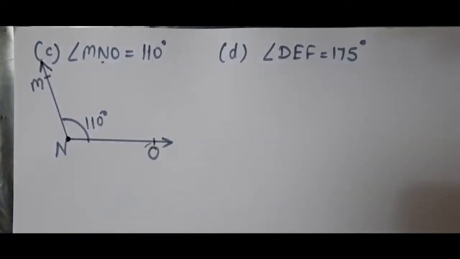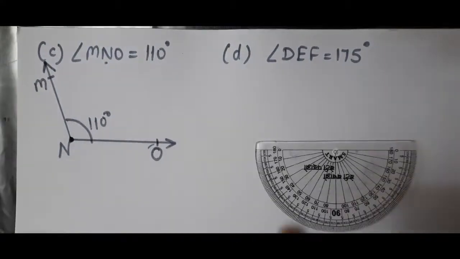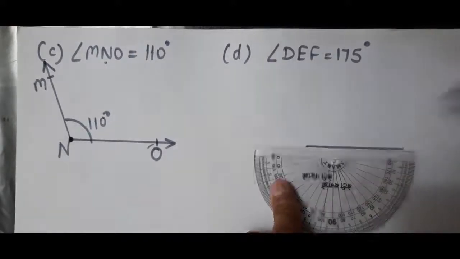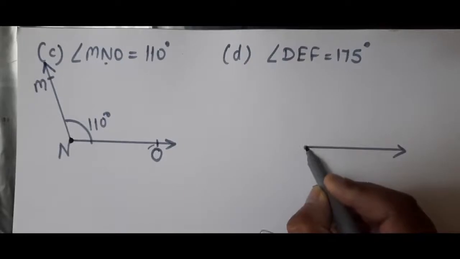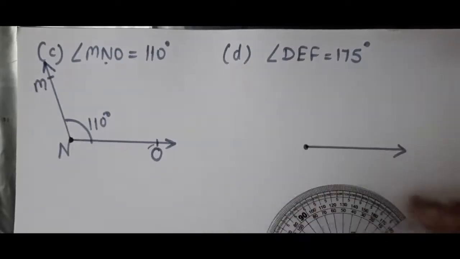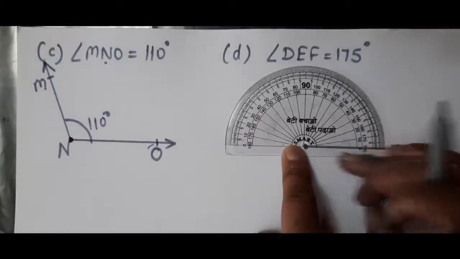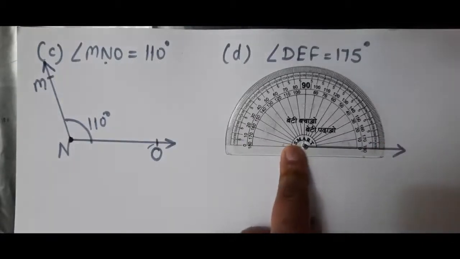Next D part, angle DEF is equal to 175 degrees. So draw a ray again. Highlight this point, place your protractor here. Now you know that 175 is greater than 90 degrees, so it is away from this ray. On the left side, we will make an angle of 175 degrees.